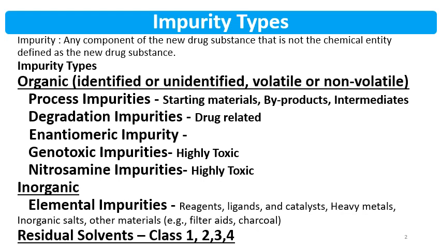They come from the process or from the raw materials, and these are required to be limited. Then residual solvents. Residual solvents may be used during drug substance manufacturing and also in some drug product manufacturing. So these are required to be limited. Their classes are class 1, 2, 3 and 4.